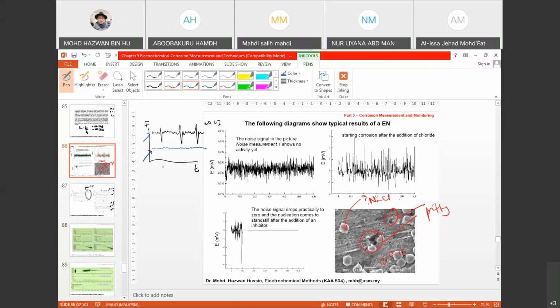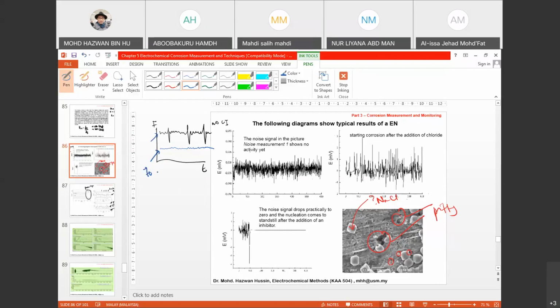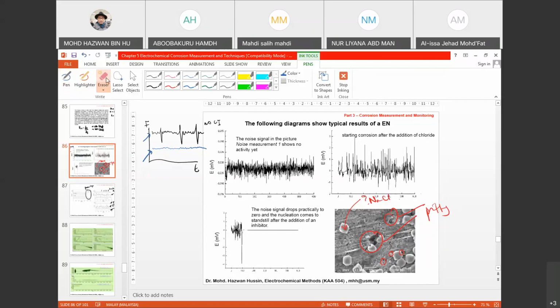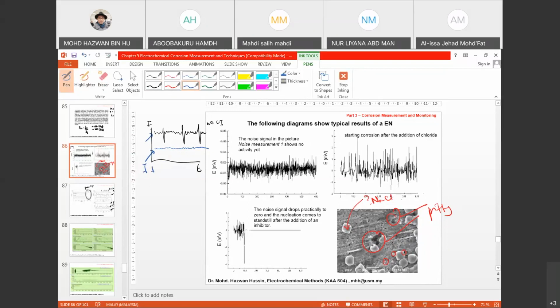The current value is lower with CI as compared to without CI. Without CI, current is always higher. So when you overlay, you can see the difference, from the same sample, just with or without the addition of CI.